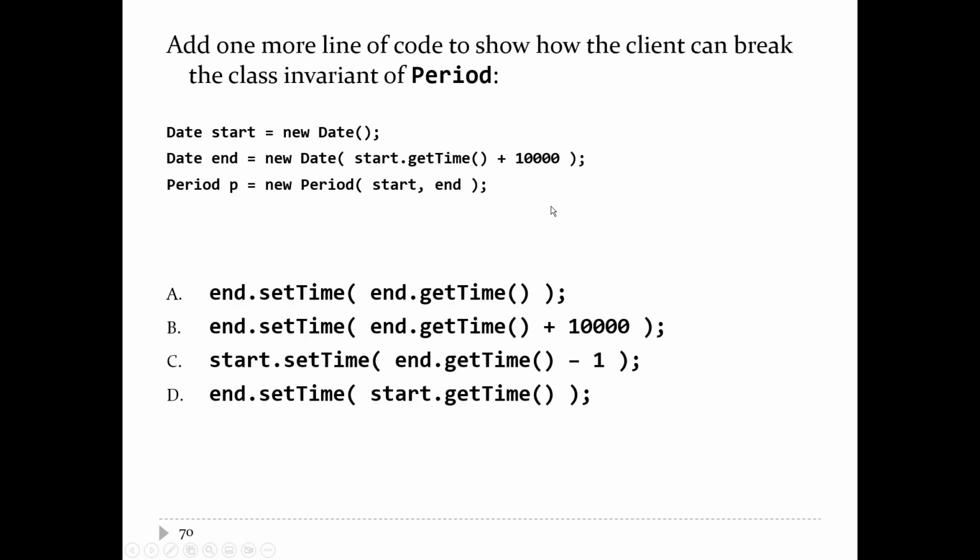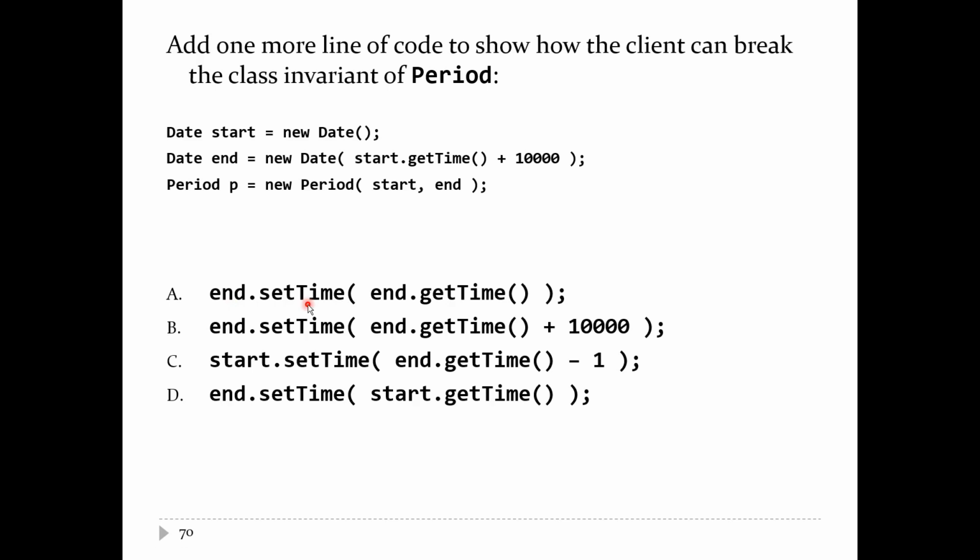Now, how do we break the period class's class invariant? We just have to make the start time come after the end time, and we can do that without ever accessing the period object's fields directly. So let's look at our choices here.